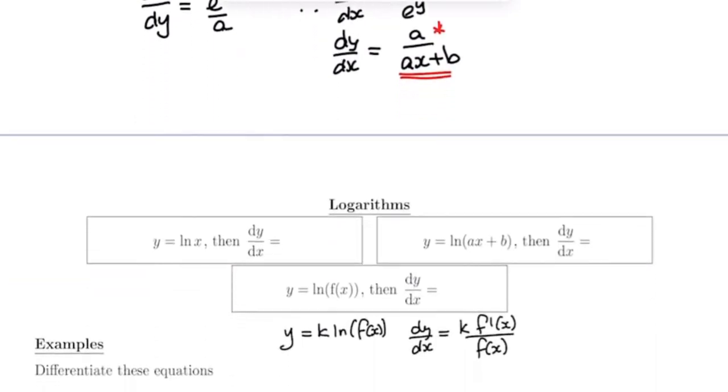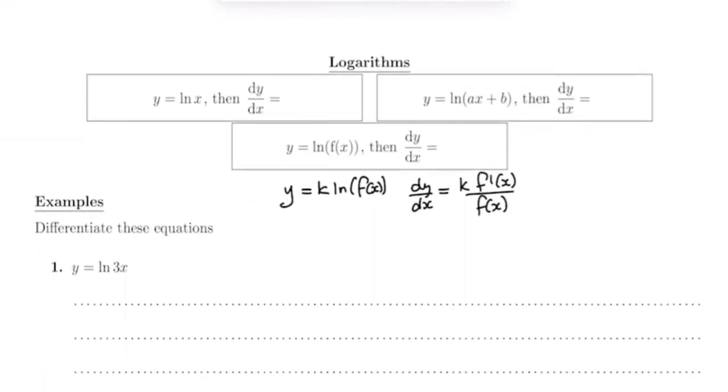So if y equals the natural log of x, then dy/dx is 1 over x. If y equals natural log of ax plus b, then dy/dx is a over ax plus b.